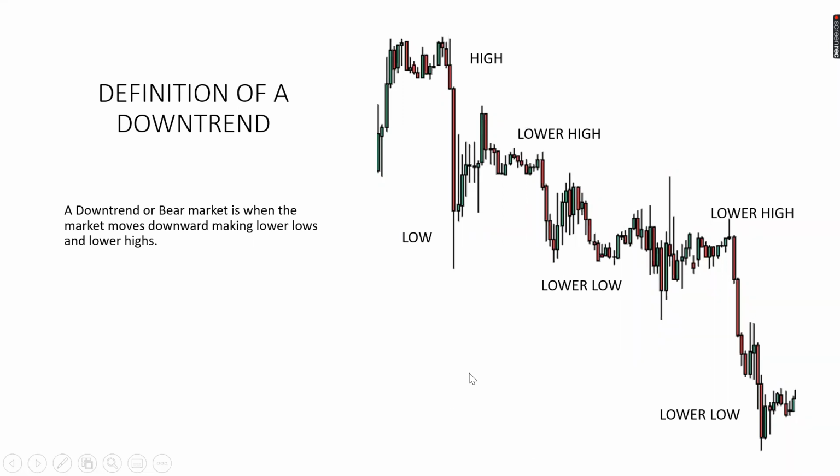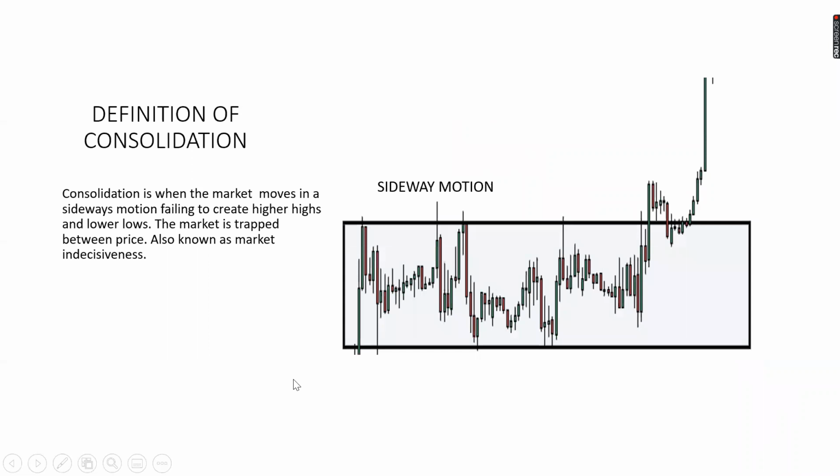The reason you need to understand these definitions of uptrend and downtrend is because there's going to be times where we will say, look at the previous high, look at the previous low, or the next higher high, the next lower low. Look at this downtrend. Look at the fourth lower low or whatever, right? So that's why you need to understand how the trend moves, okay?